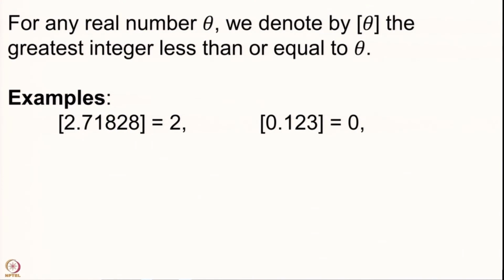So, the greatest integer less than or equal to this quantity is 2. If you have your number to be 0.123, of course, it is clear that the floor function now gives you the value 0.